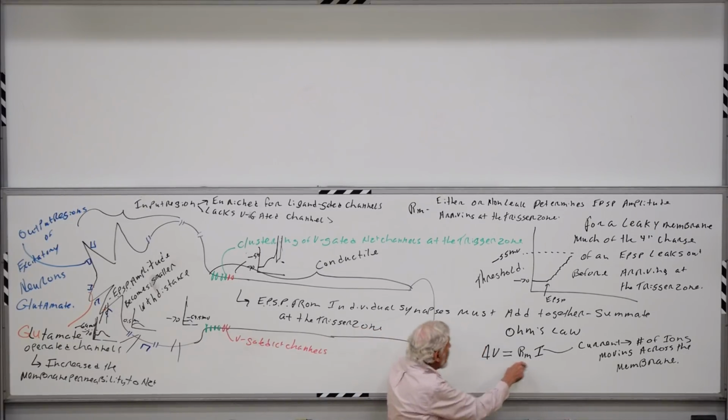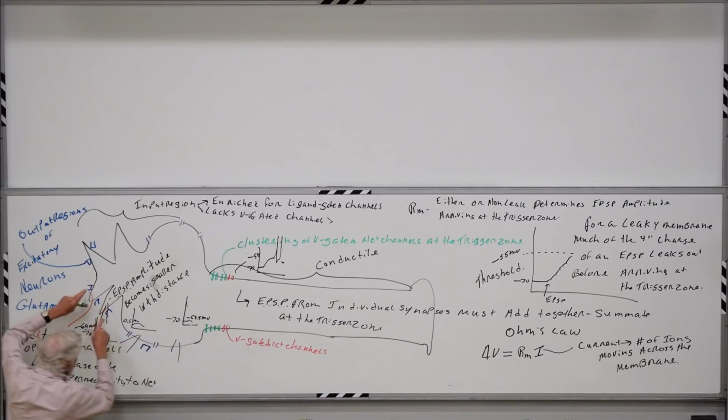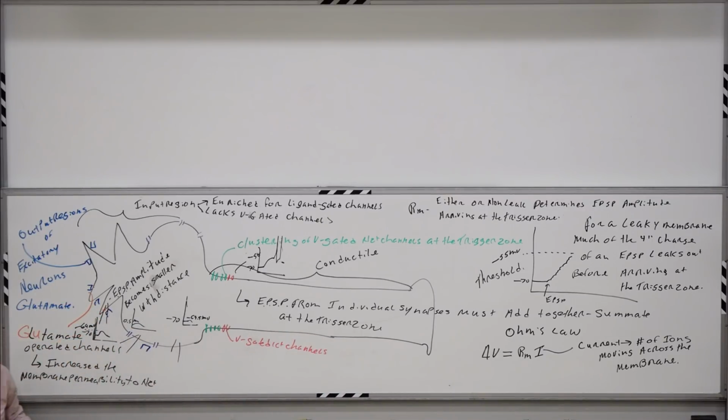Now, the number of ions that are moving across the membrane at one of these synaptic sites is pretty much always the same. You'll release maybe 5,000 molecules of neurotransmitter at one of these sites, but you may only have a few hundred receptors for those neurotransmitters. So you're now going to open a finite number of channels that will produce pretty much a fixed number of ions moving.